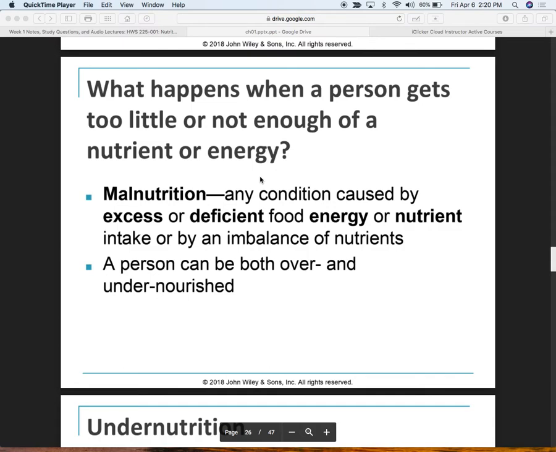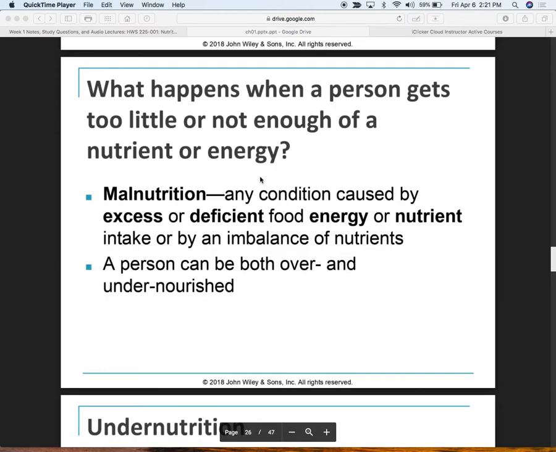So malnutrition is a condition that is characterized by an excess or deficiency in energy or nutrient. So malnutrition just means like something's not optimized or something's not there. A lot of times we think of malnutrition or a malnourished individual as being undernourished. But an individual that's gaining weight rapidly due to a high energy dense diet is maybe not healthy, and they're gaining weight and gaining body fat.